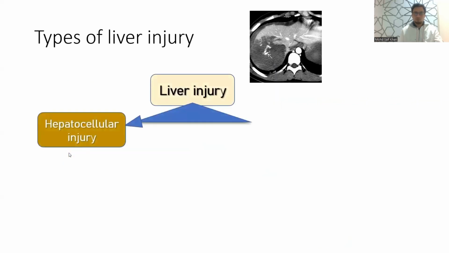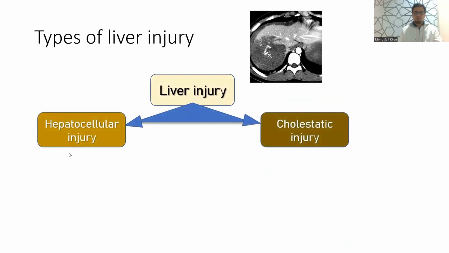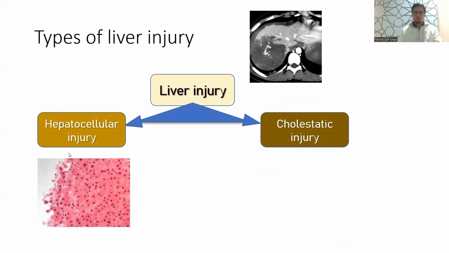There are two types of liver injury, and they are fundamentally different from each other. In hepatocellular injury, there is elevation in the serum aminotransferases, otherwise known as transaminitis.